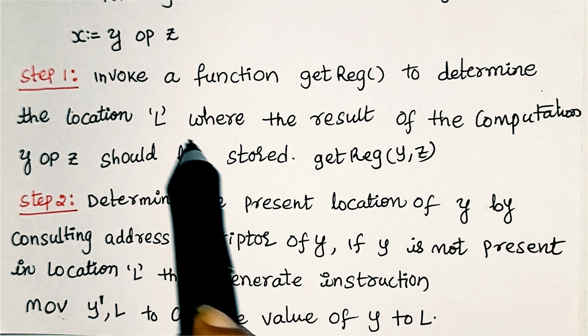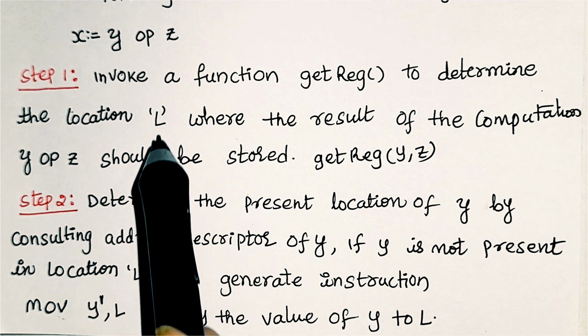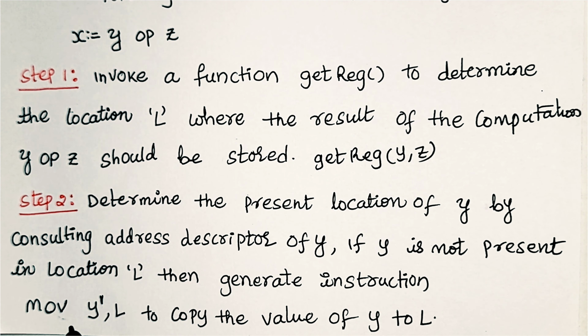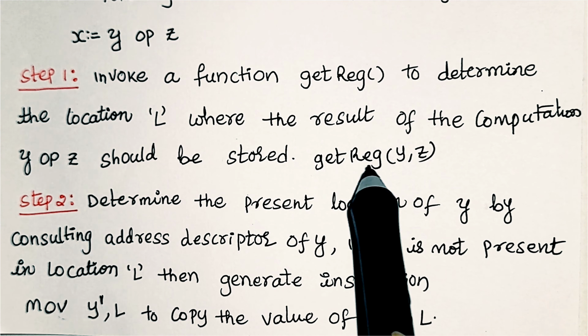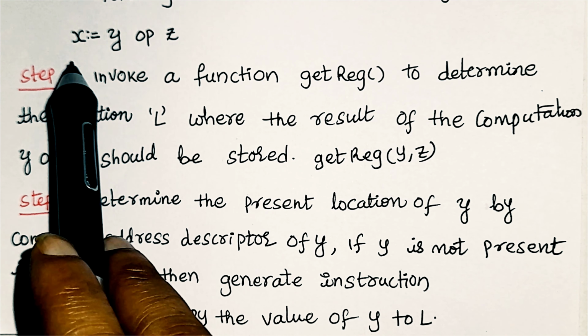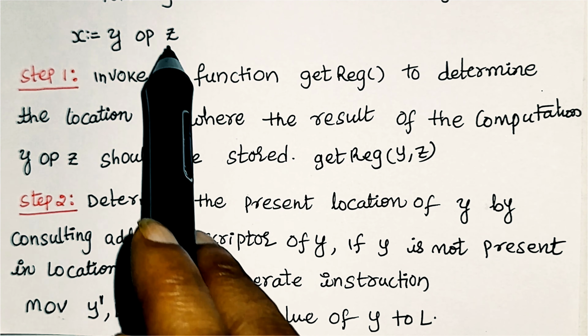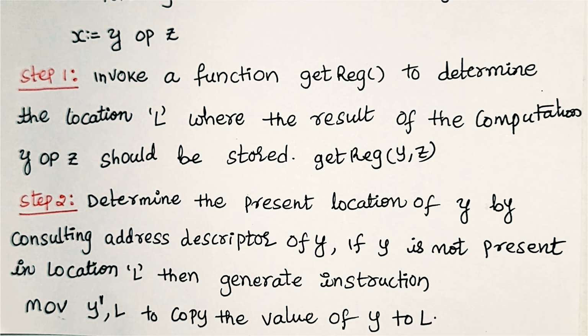In order to store y op z, we are using the location L. So we are going to call getReg of y comma z. Remember, x is equal to y op z, so the computation result can be stored in, let us say, the location L, friends. This is called step 1.